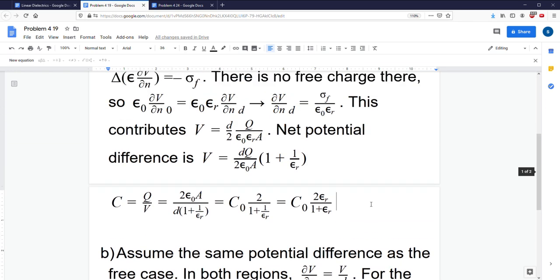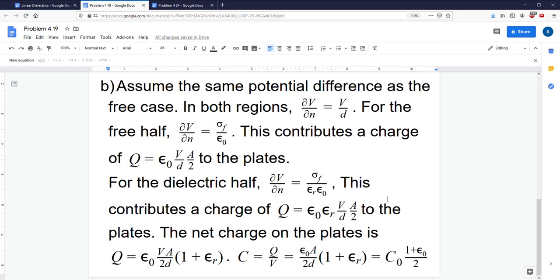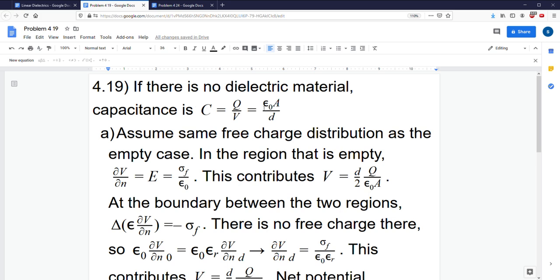Scenario B. This time, the capacitor is again filled halfway with a dielectric material, but the dielectric material does stretch plate to plate over half of the area. So for this one, I am going to assume the same potential difference as in the original capacitor.